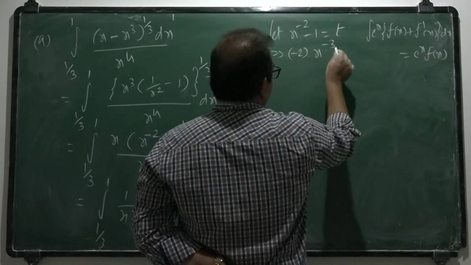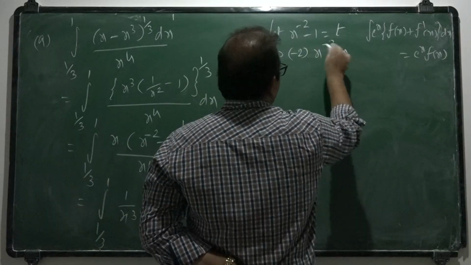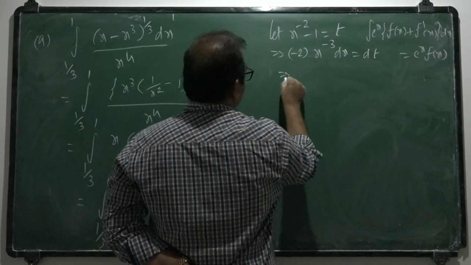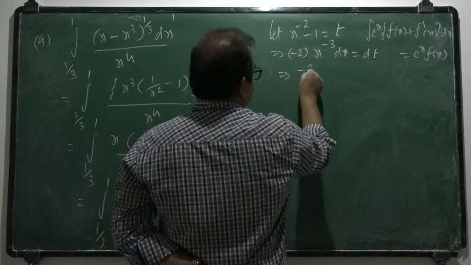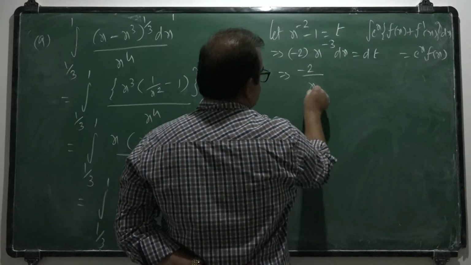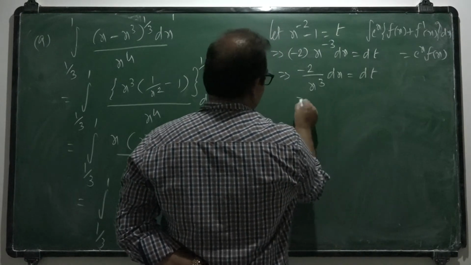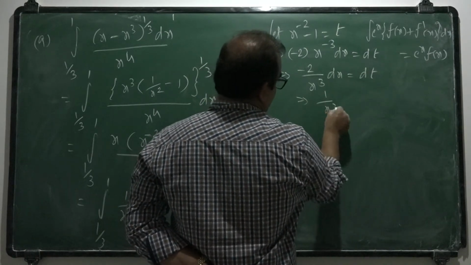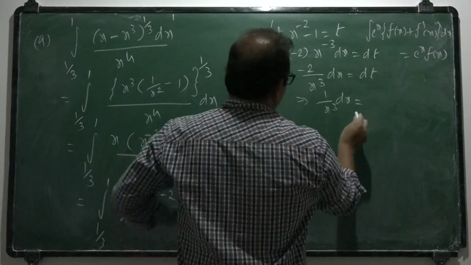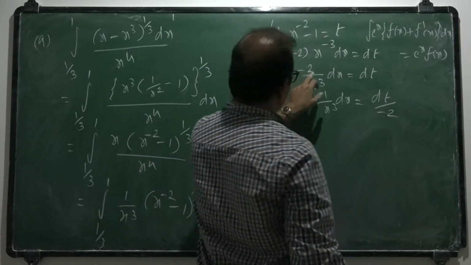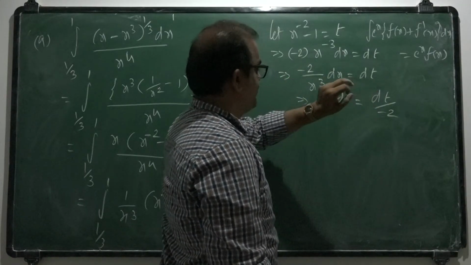So minus 2 x power minus 3, derivative of 1 is 0. Minus 2 x power minus 3 is 1 by x cube into dx, that is equal to dt. From this, 1 by x cube dx is equal to dt by minus 2. Take this minus 2 to the right hand side.